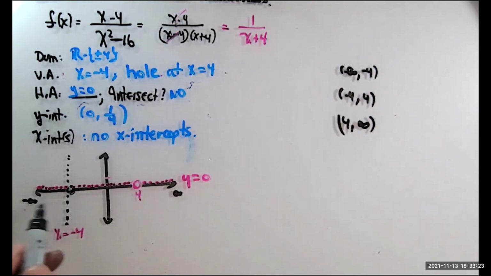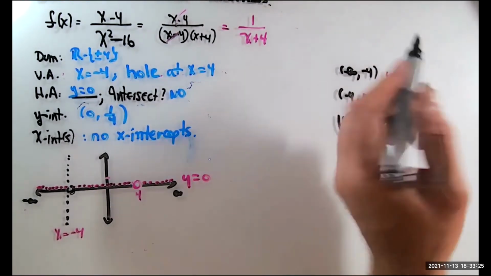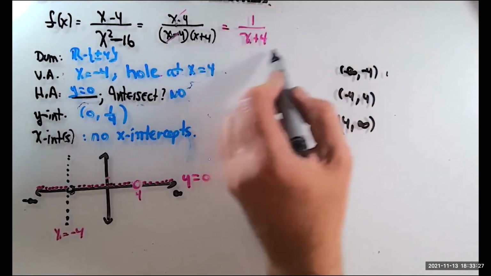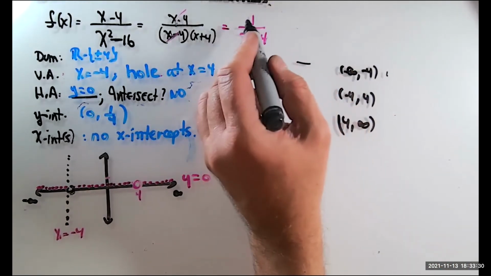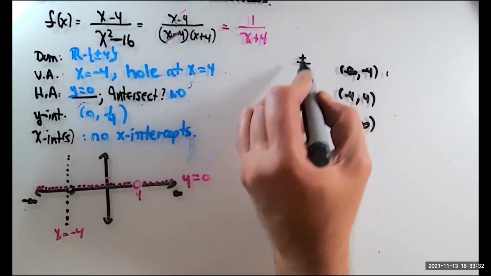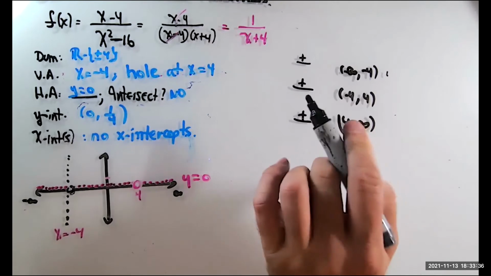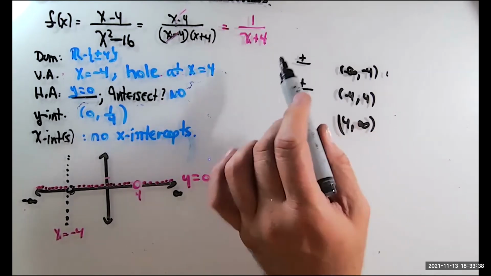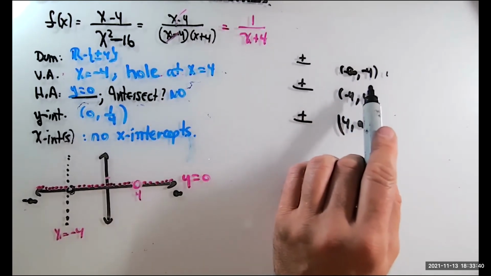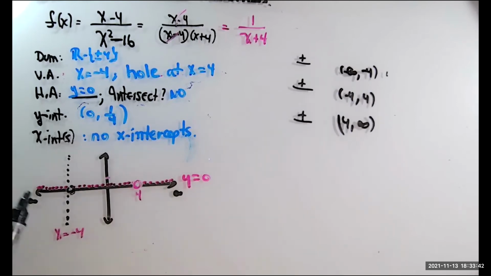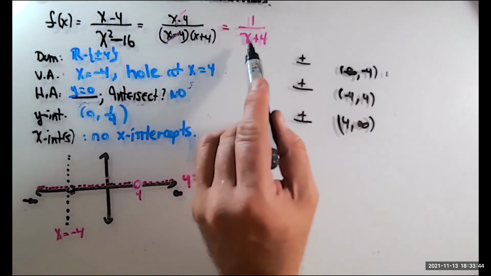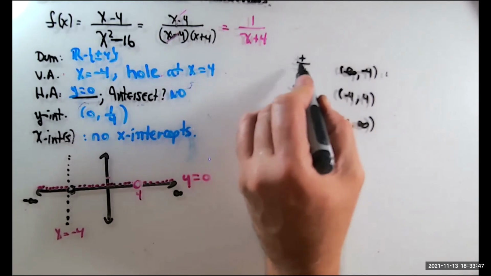Any number less than -4, maybe -6. I'm going to use the simplified version, the lowest version. Notice that 1 is always positive, obviously. So when x equals -6, -6 plus 4 would be negative.